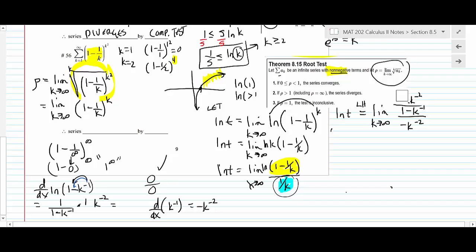Now I love the way this thing's working out. All right, everybody with me? Now, these things right here would really cancel out. Because what you really have is the derivative of the top here, and then this is the derivative of the bottom.